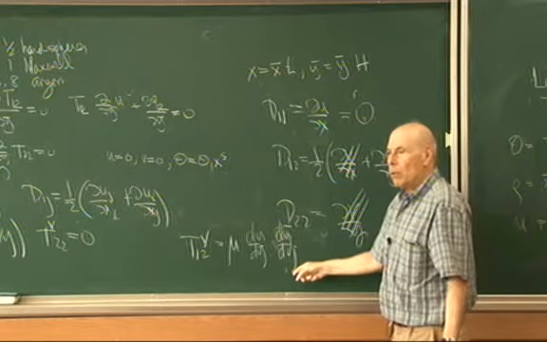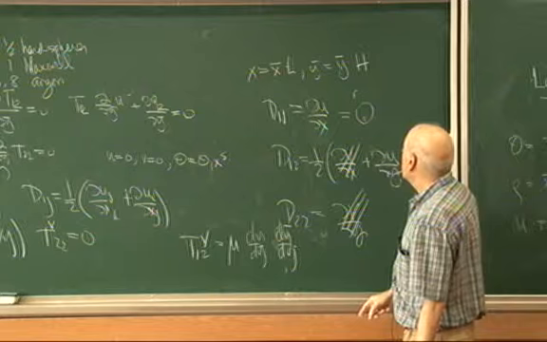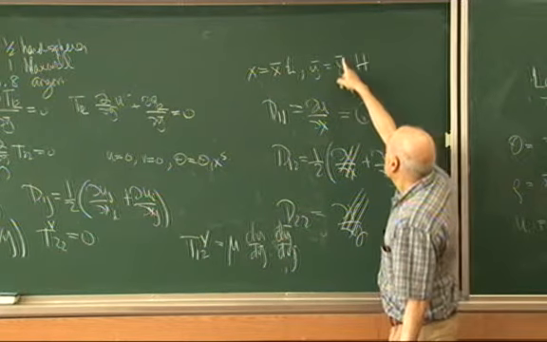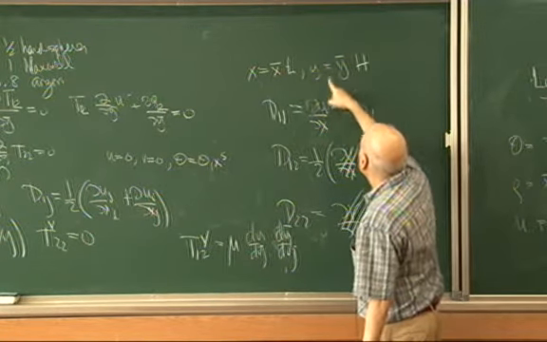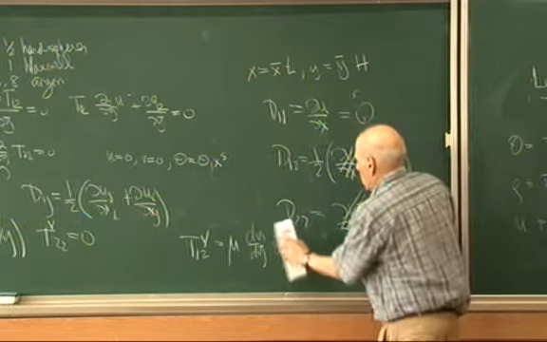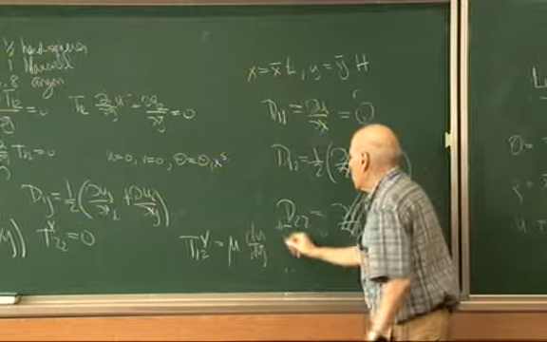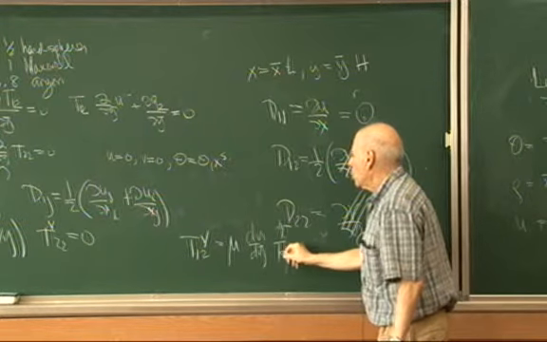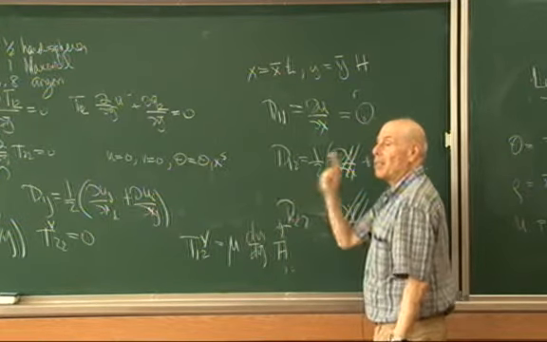So this is du/dy. Okay, but y bar equals that, so dy bar/dy is 1 over h. And if h is small, 1 over h is big, so that's an important term.